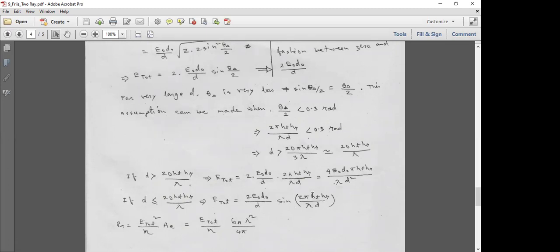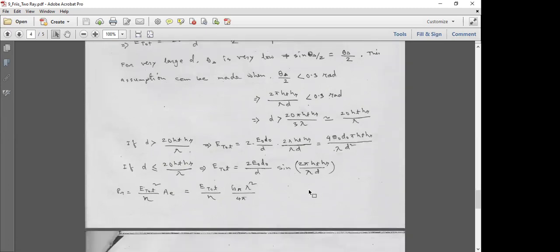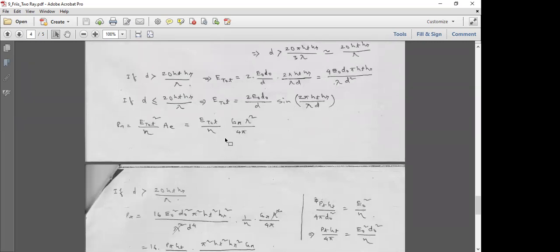Now from these electric field values, we will calculate our power values. We know that the available power in the air will be E squared by eta. If you multiply that with the effective aperture of the antenna, you get the power received, so E squared by eta into AE. For AE, we have this expression, and this is what we have for the total power.